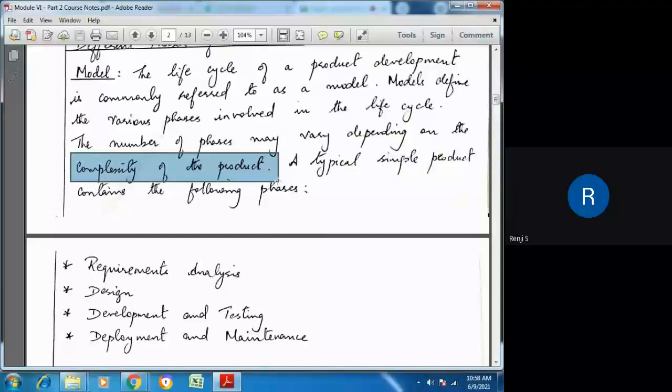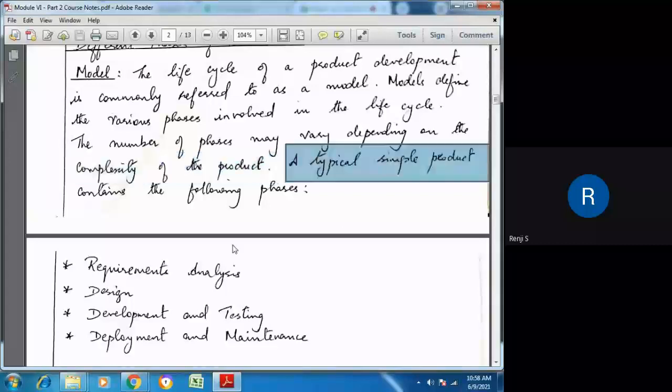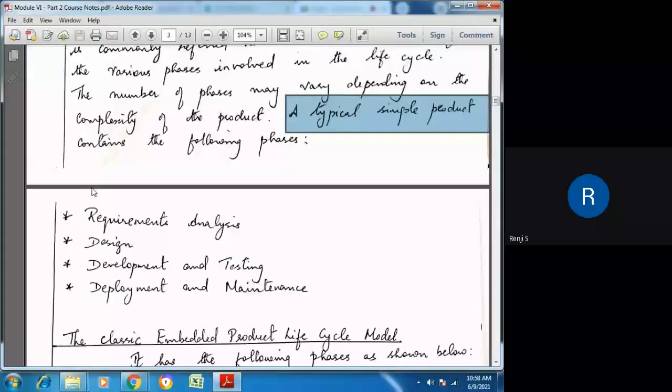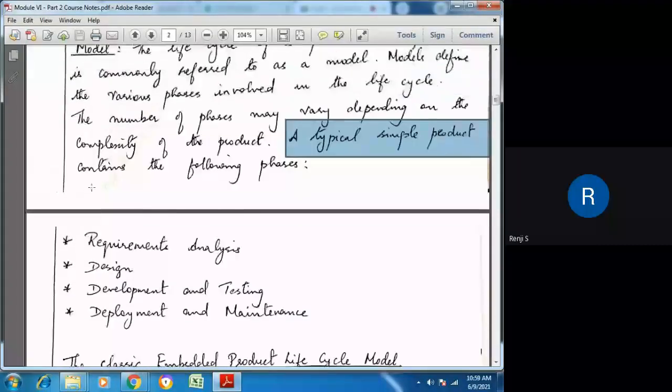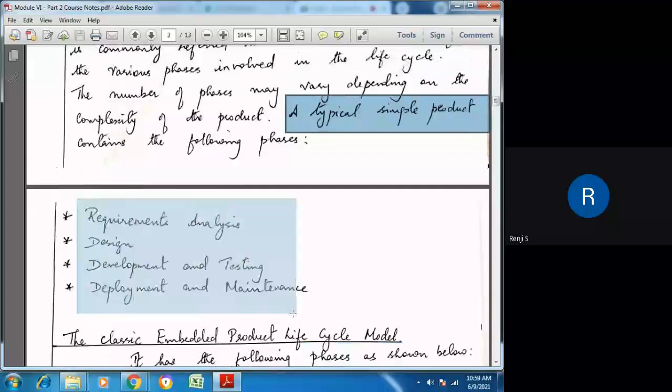But if it is a complex product, we have to consider all the phases of EDLC. The phases may vary for different products depending on its complexity. But even though the phases may vary, any product, whether a simple product or a complex product, will contain the following 4 phases.